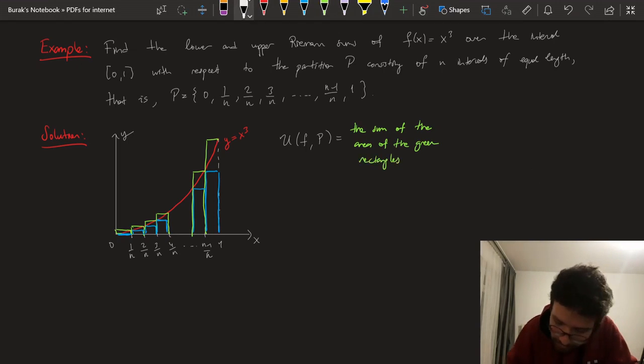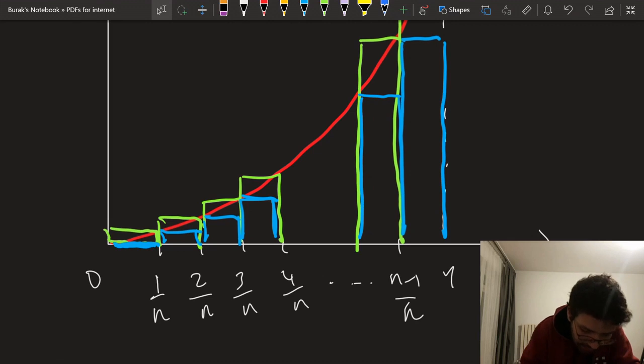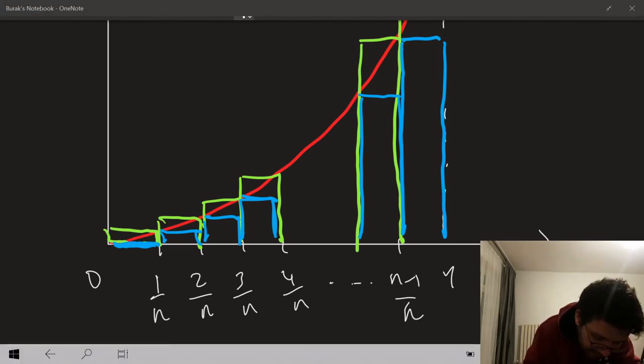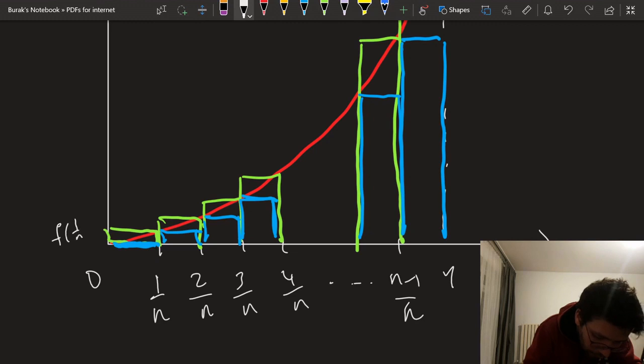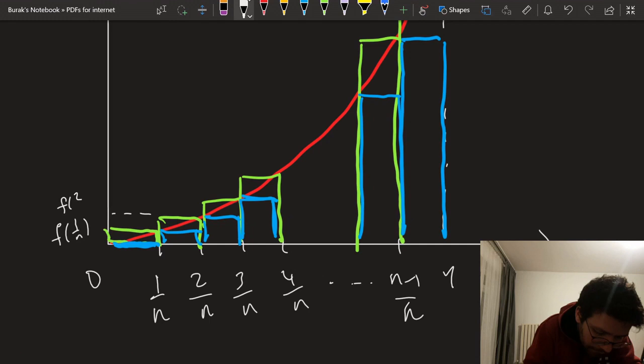And this is equal to, what's the area of the first one? Well, the height of this is f of 1 over n. The height of the second one is f of 2 over n. The height of this third one is f of 3 over n, okay, and so on.